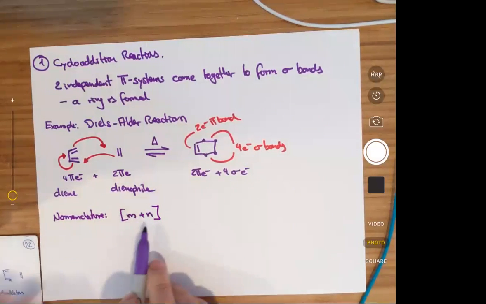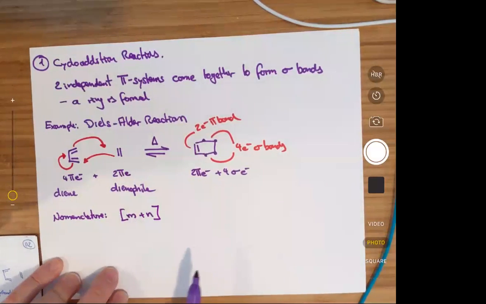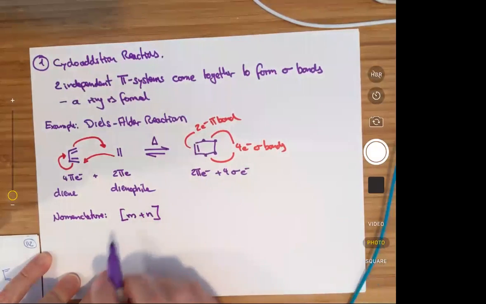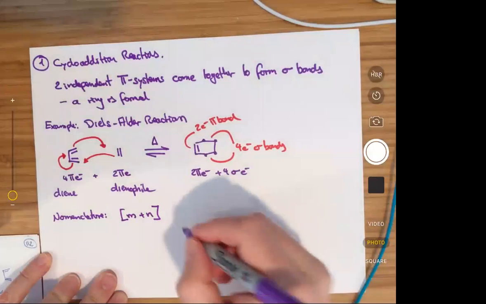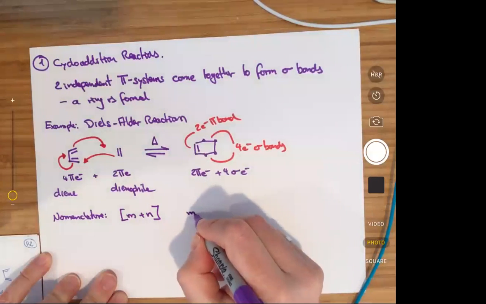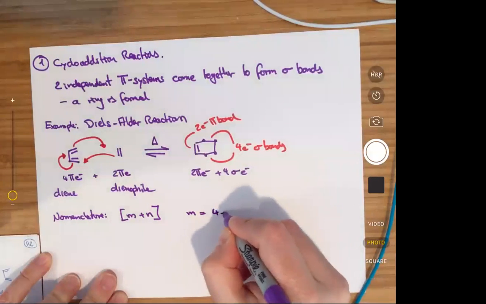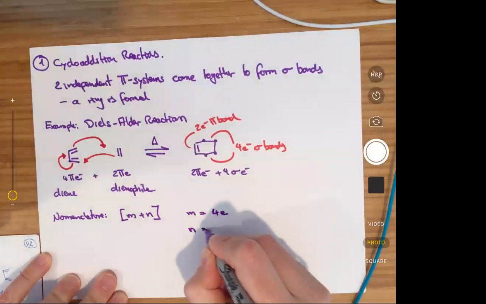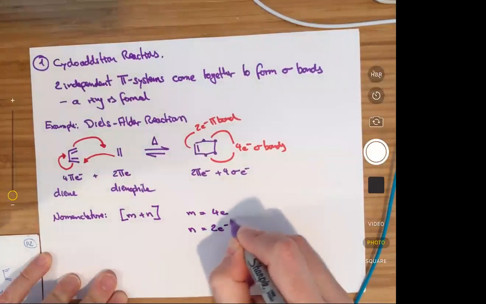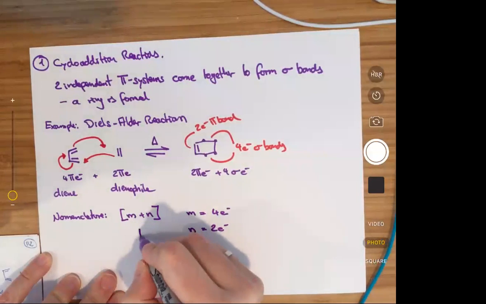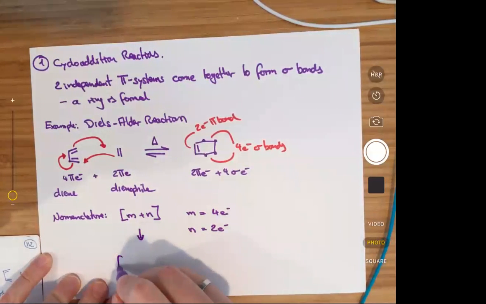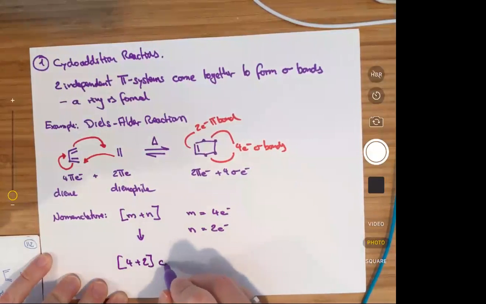And m and n correspond essentially to the numbers of electrons that are in the corresponding pi systems that react with each other. So in this case, for example, m equals 4 electrons and n equals 2 electrons. So in this case, we are dealing with a 4 plus 2 cycloaddition.